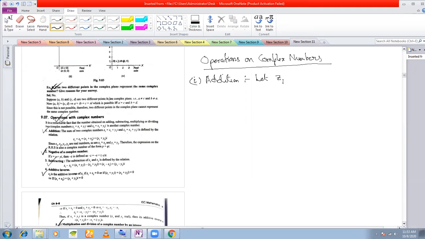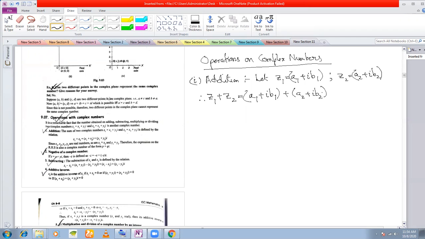Suppose I take z1 is equal to a1 plus ib1, and I take z2 as a2 plus ib2. Then how to add these two complex numbers? The addition is a1 plus ib1 plus a2 plus ib2.